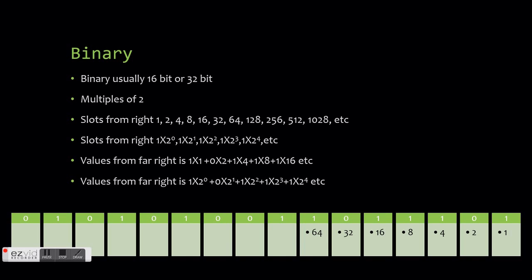There again, you could also use the powers: 1 times 2 to the power of 0 plus 0 times 2 to the power of 1, and so on. You might like thinking of it as 0 and 1 referring to the states of off and on. If 0 is off and 1 is on, you count the slots that are on.